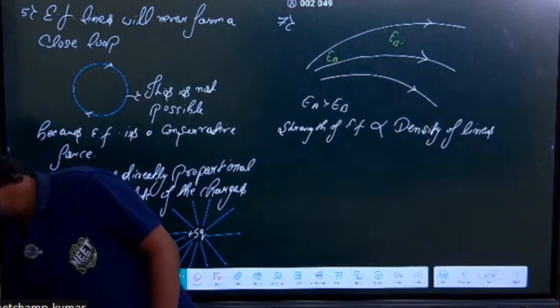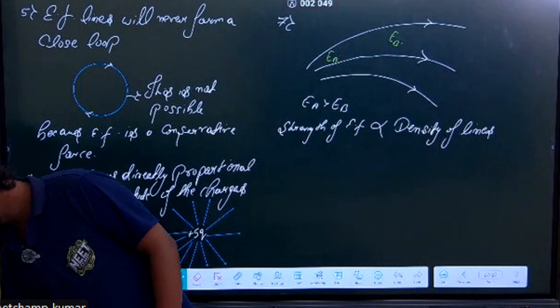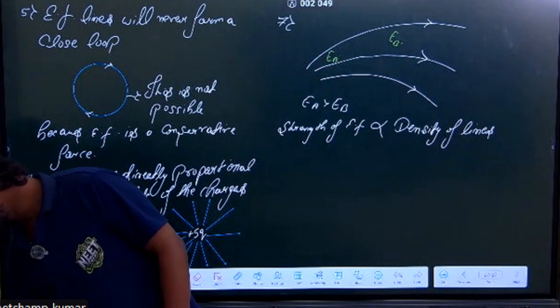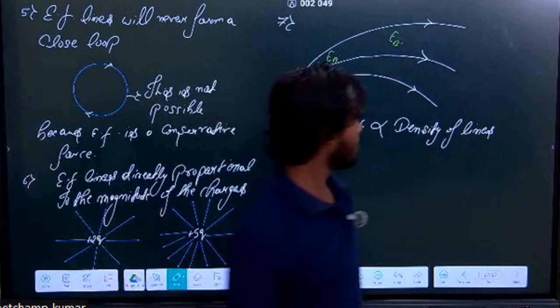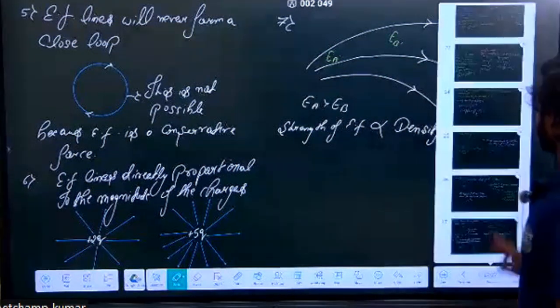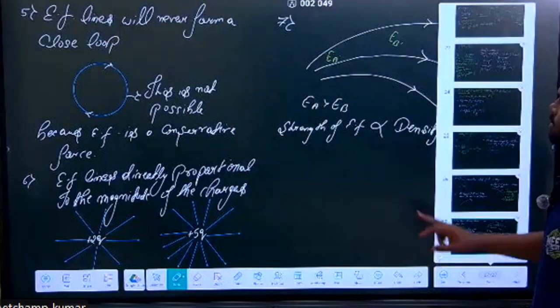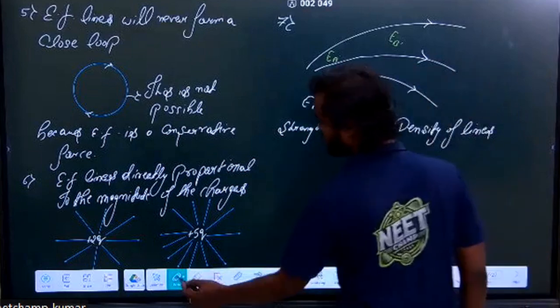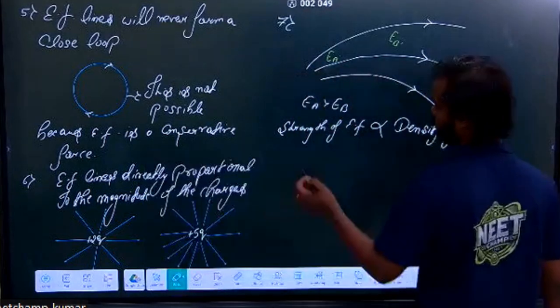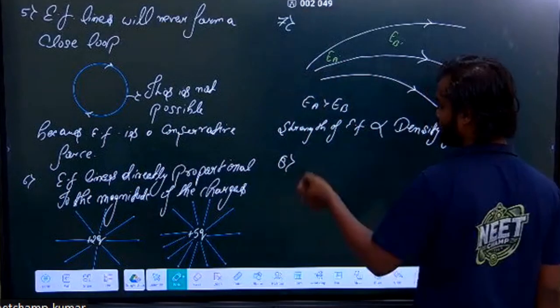Okay, so density is directly proportional to the strength of the electric field. Clear? So these are the important properties of an electric field line. There is one more property, but I will teach that property when I teach you conductors, but you can note it here.